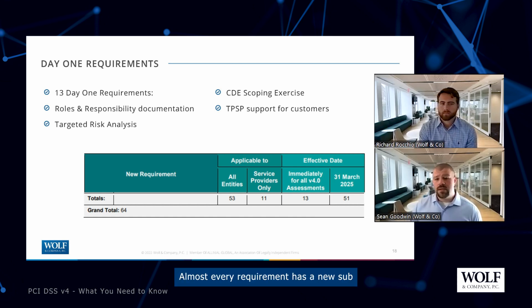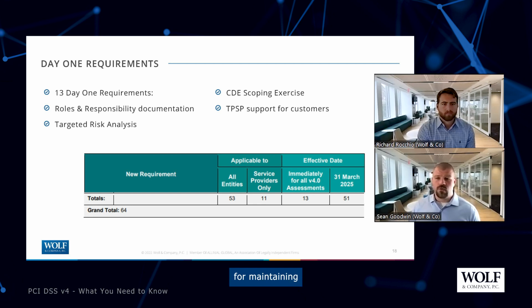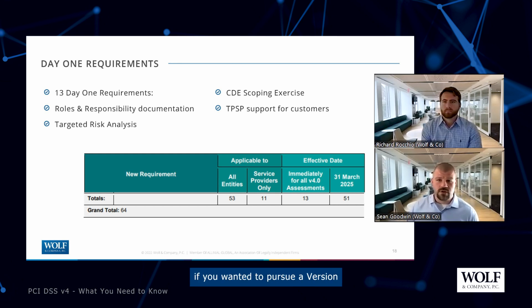Almost every requirement has a new sub-requirement justifying roles and responsibilities for maintaining the control environment for that requirement, 2 through 11, to specific individuals and making sure that they're aware of this. That's not a huge lift and is certainly something you can get implemented if you wanted to pursue a version 4 document at this point.